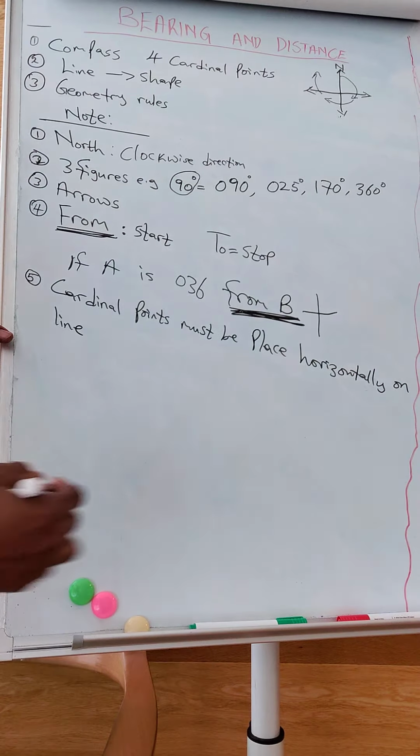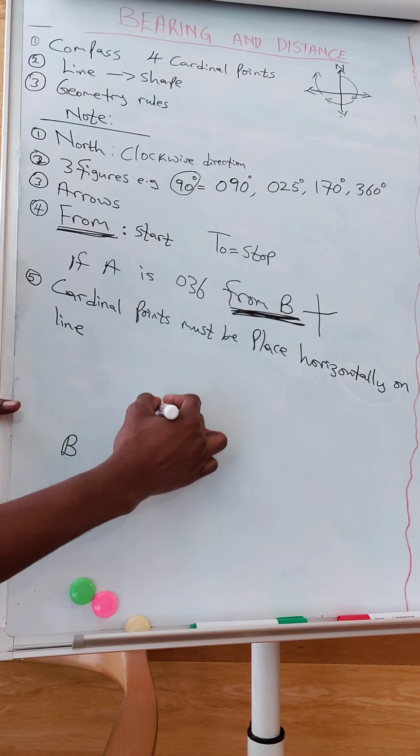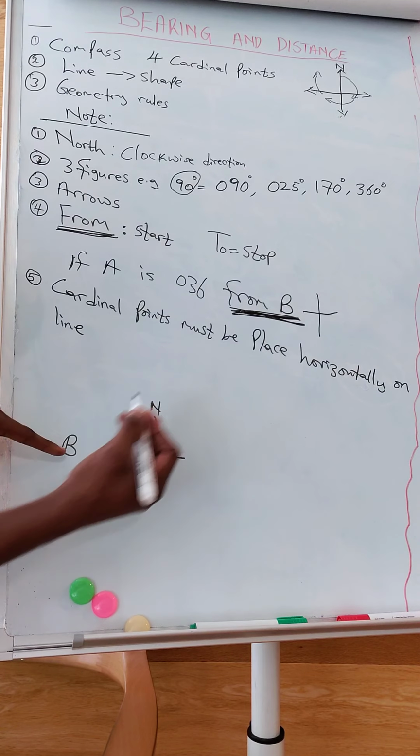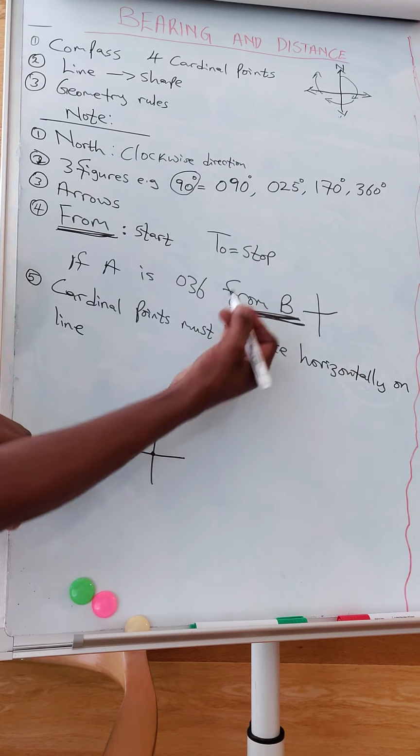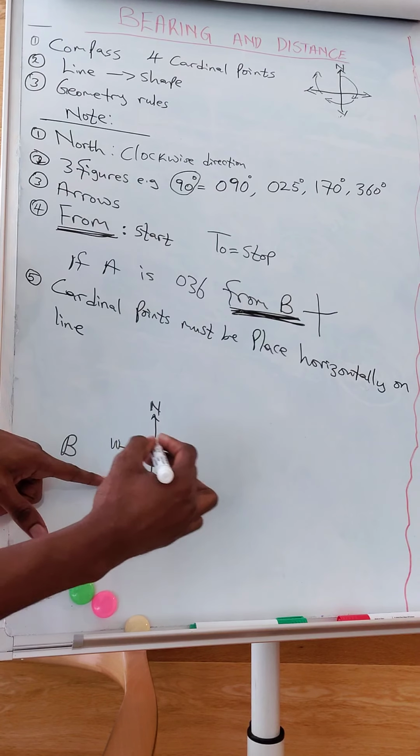Let's assume this is a cardinal point. Now let's use this one as an example. If A is 36 from B, this first cardinal point, this point here, means this is B. We put B here because B is the one carrying from. Then we look for 36 in this place. This is north, south, east, west.